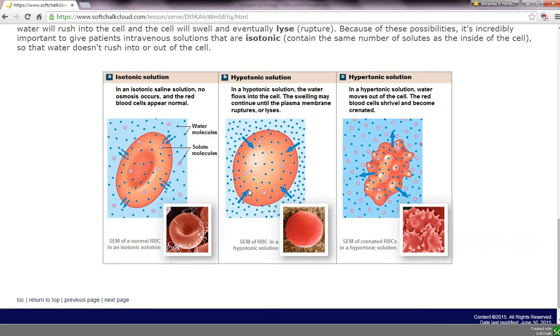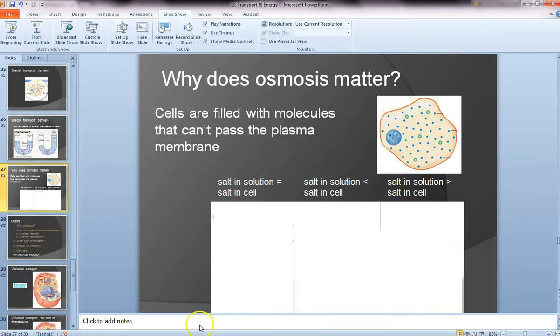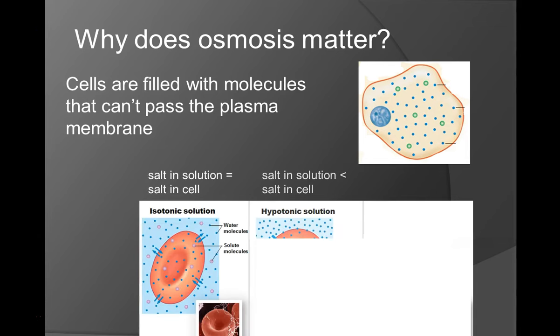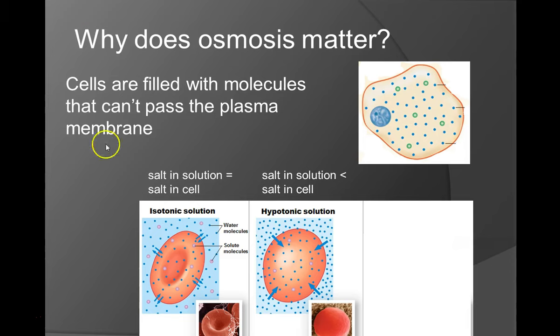But here we have a different situation. These are the same images, but it shows this writing here, which I think is helpful. So here the salt or the solute concentration outside the cell in that solution is less than the salt inside the cell.